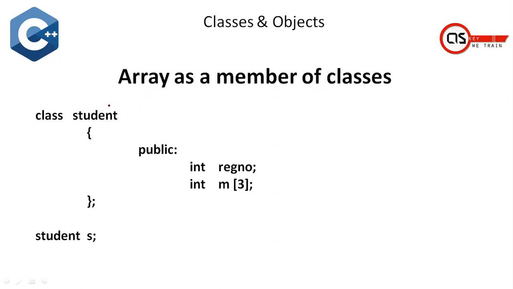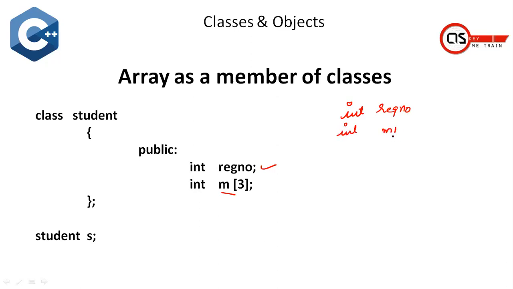I have created a class called student, where you have two different data members. One is the register number. The other one is the marks of a student. Generally, we declare the marks separately as M1.